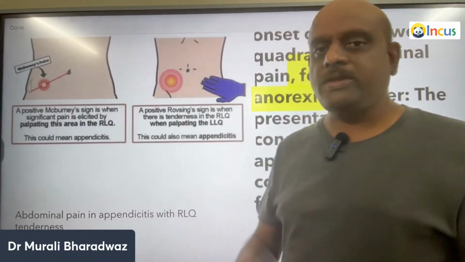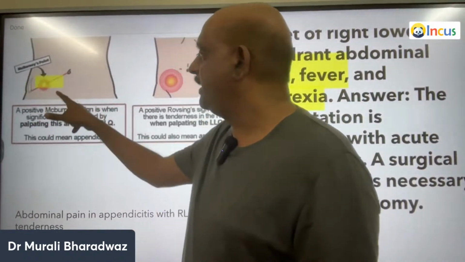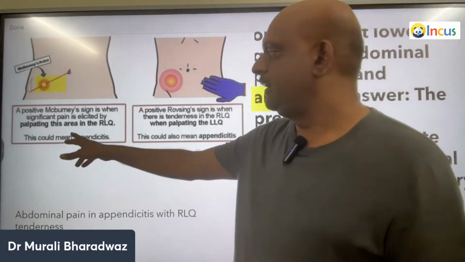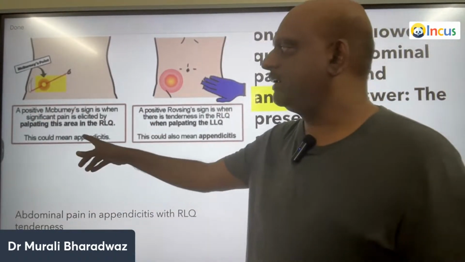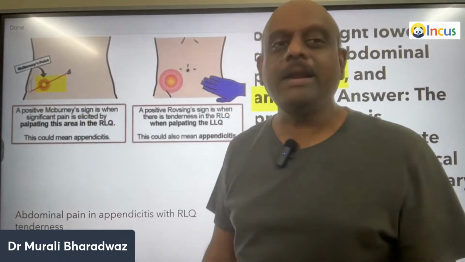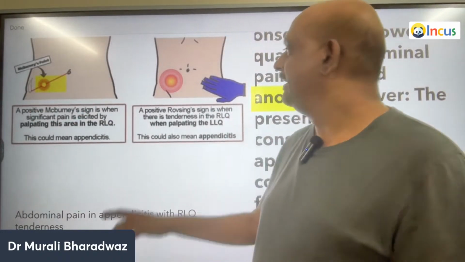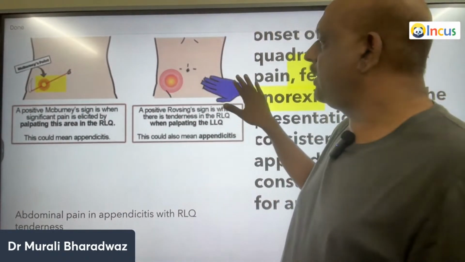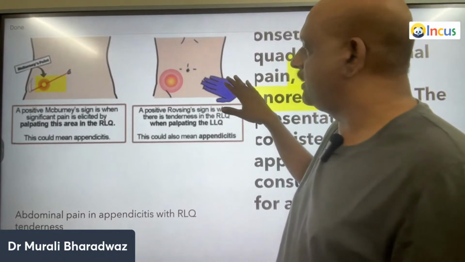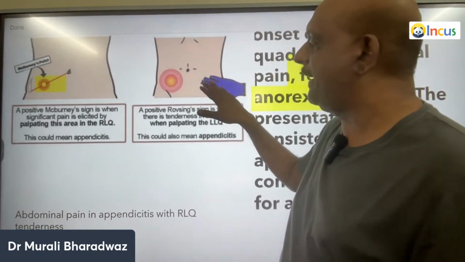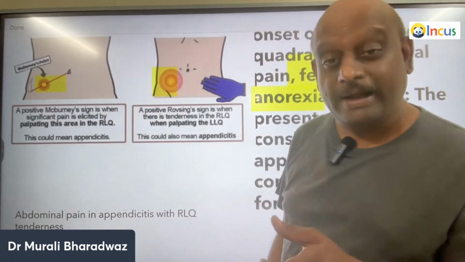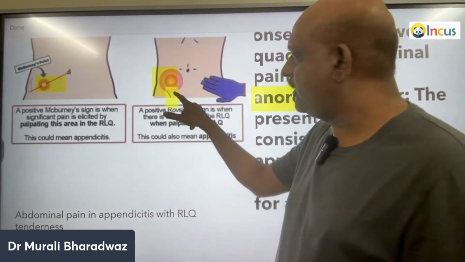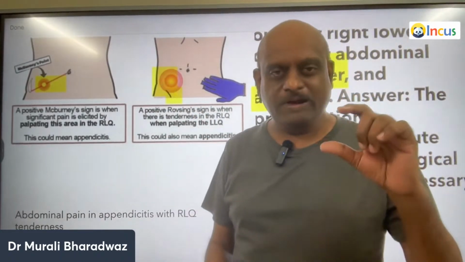So there are two signs. One is called McBurney's sign, where there is typically tenderness when palpating at McBurney's point, right? The other is in the opposite quadrant. When you palpate the left lower quadrant, there is a tenderness in the right lower quadrant, because in the right lower quadrant you have the appendix inflamed.